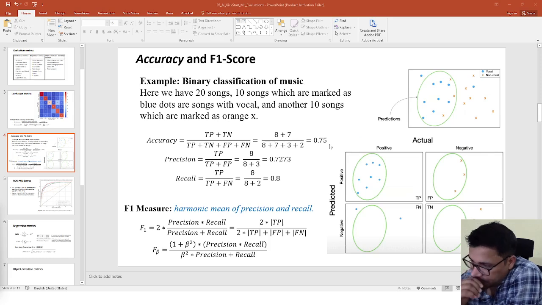Okay, now the precision is true positive divided by true positive plus false positive, and here we have the true positive samples 8, and 3 false positive samples. That's why we have a precision of around 0.72 here. And for the recall, you can see the true positive divided by true positive plus false negative, and the recall rate is around 0.8.